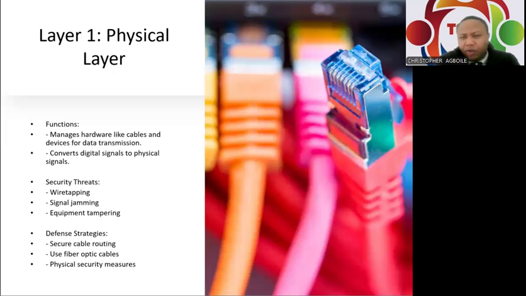If the medium you are transmitting over is not secured, with the threat of a wiretapping attack, your data can be intercepted, and once it's intercepted it can be read, so there is no more confidentiality.